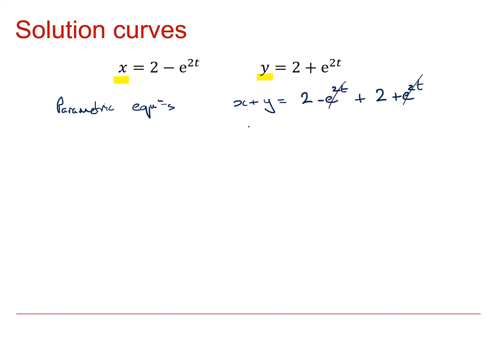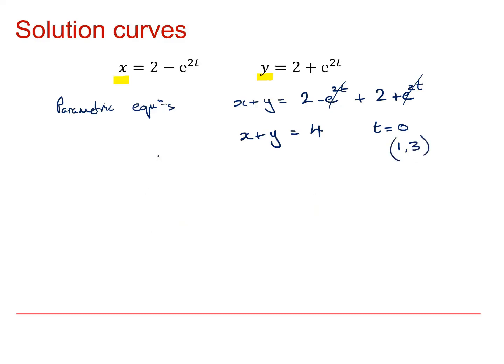Those bits are going to go, giving me just x plus y is equal to 4. The other thing I know is that if t is equal to 0, then it goes through the point (1, 3).